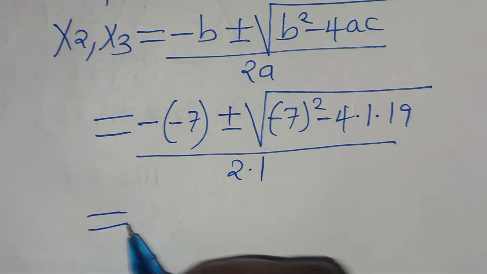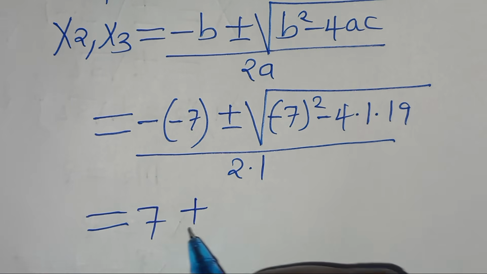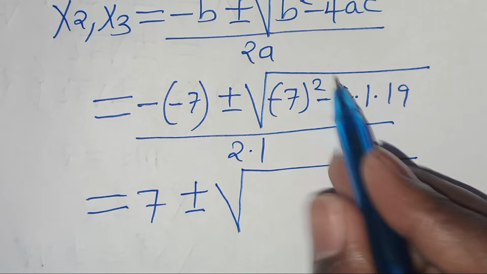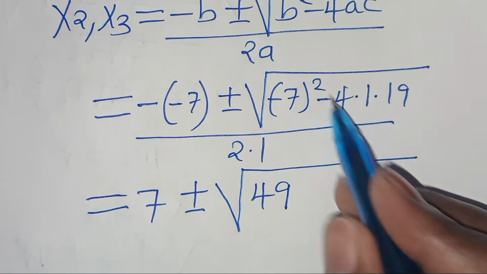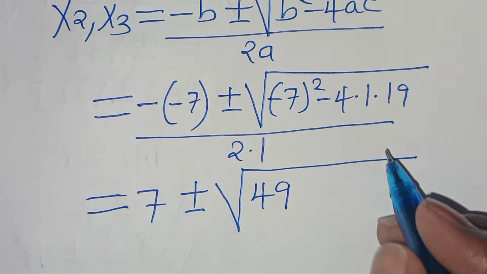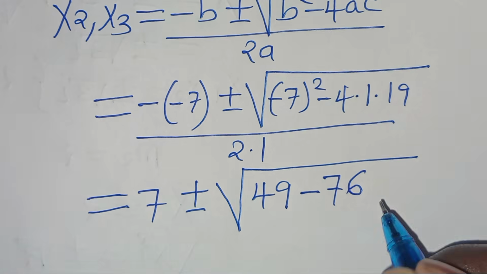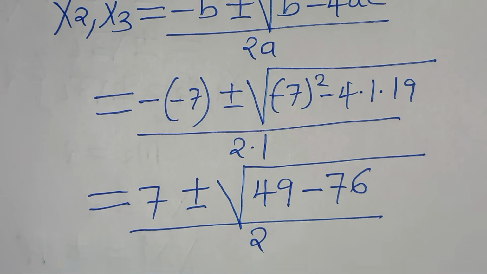So here we have minus times minus 7, this is 7, plus or minus the square root of (−7)^2, which is 49, then minus 4 times 19, which is 76, then everything divided by 2.